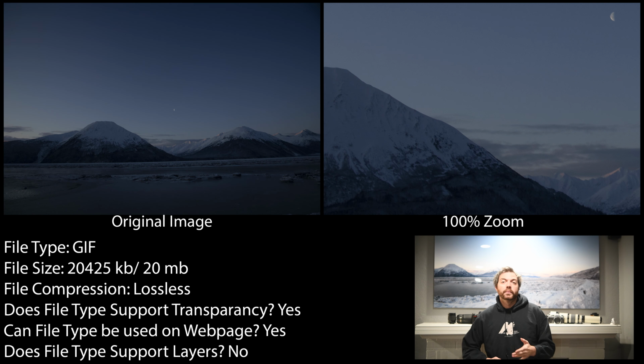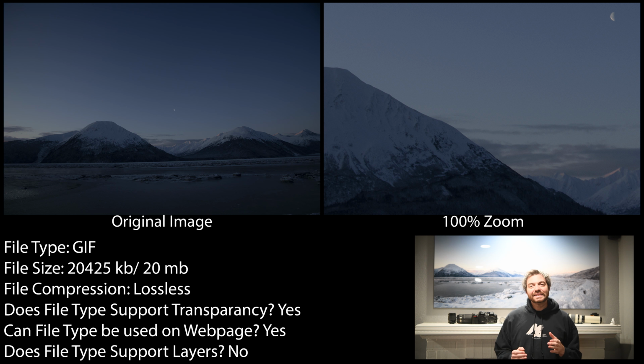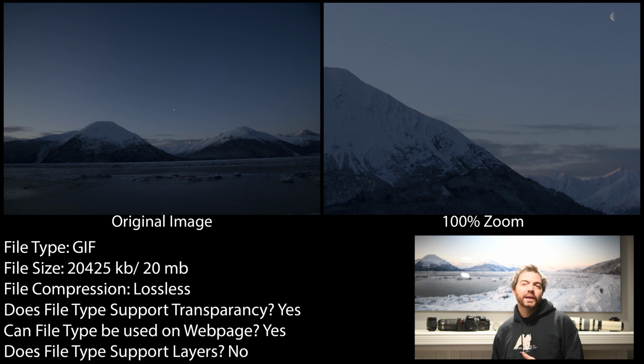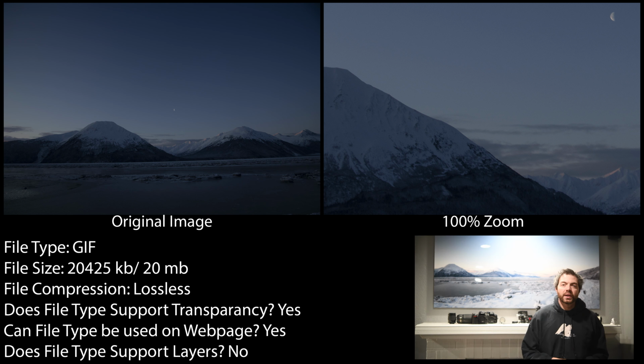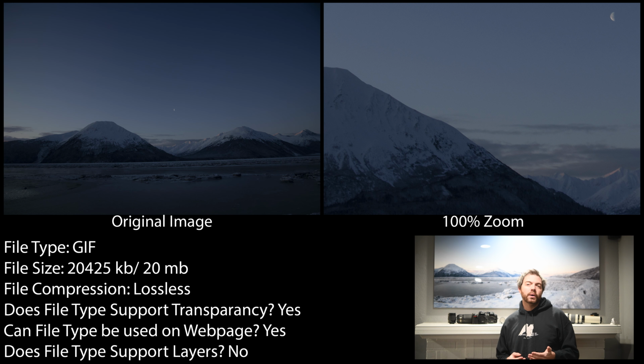Now, GIF file format. It's coming in at only 20 megabytes, and this is a lossless format as well, but as you may have noticed, the image changed here a bit, and that's because it is not using as many colors. So while it may be a lossless format, most of the times you will be saving it to a lossy format without even noticing. This is still a good format to use on web pages because it does support transparency.